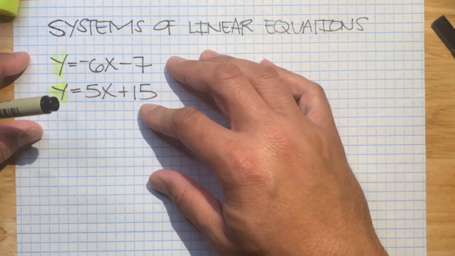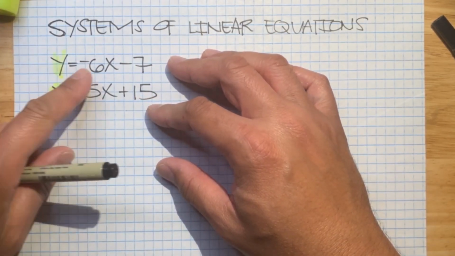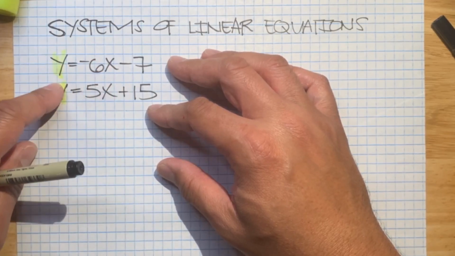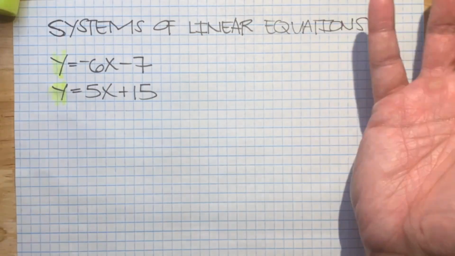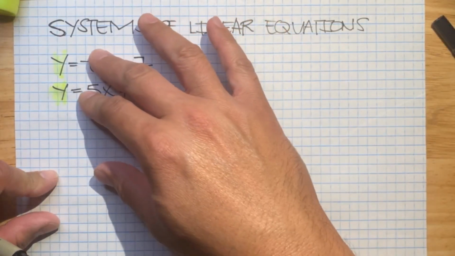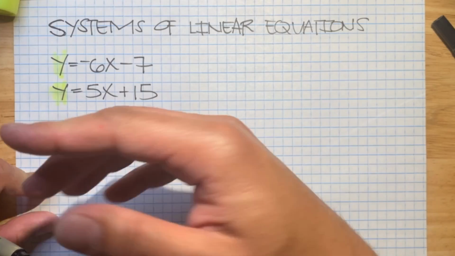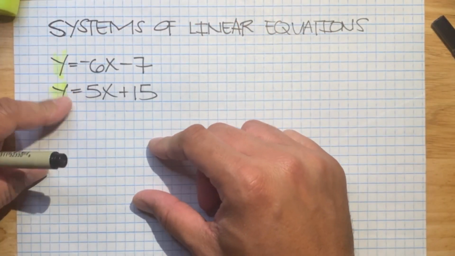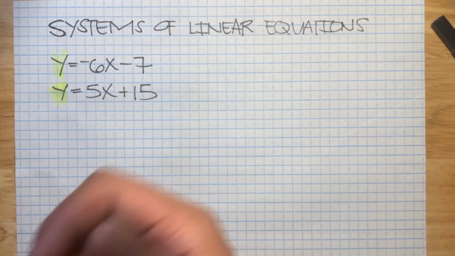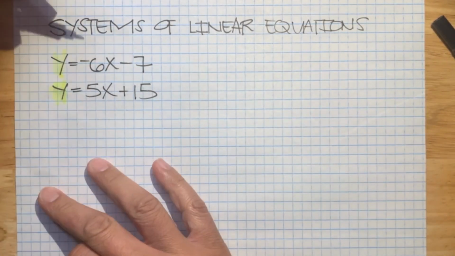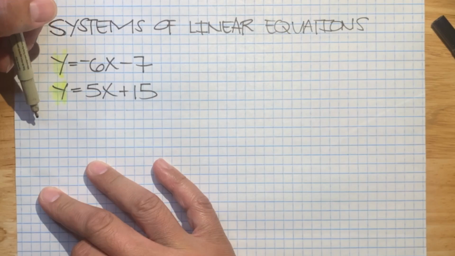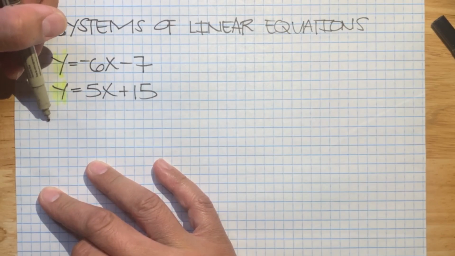Now, in this situation that I'm going to teach you about today is when both of these equations both equal y. That's what they have in common. If they both equal y, then logically they equal each other. So we could write it out like this.